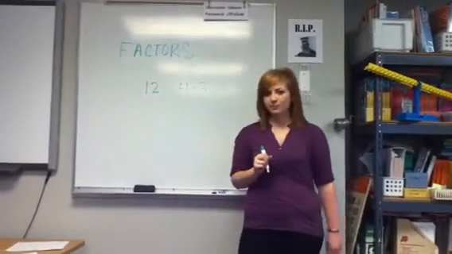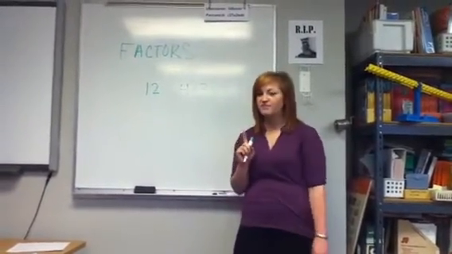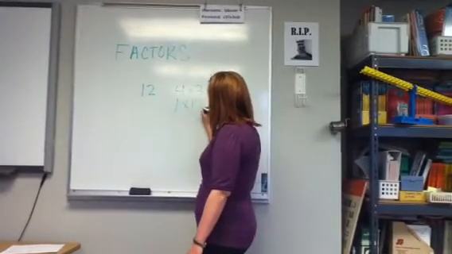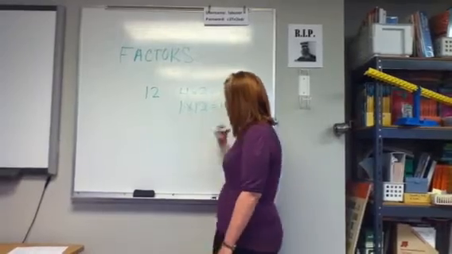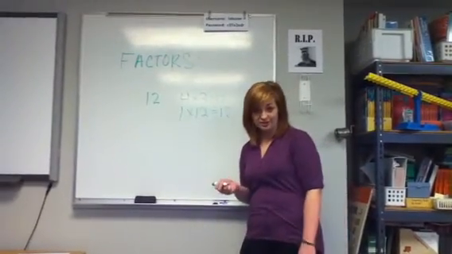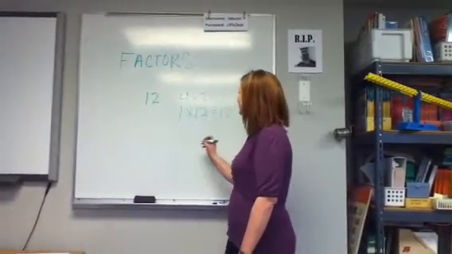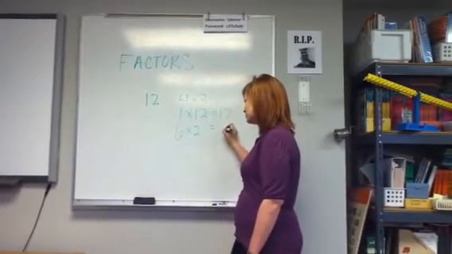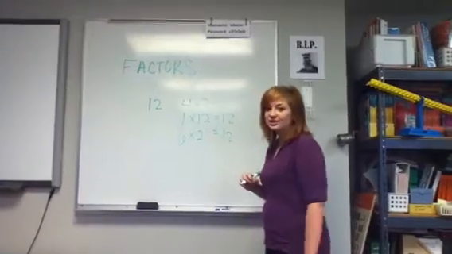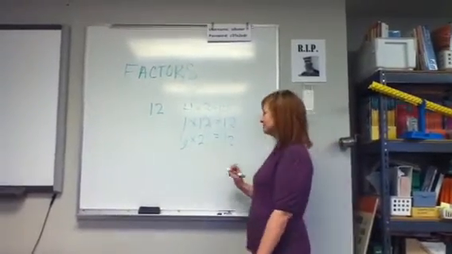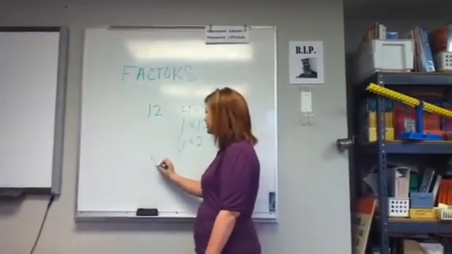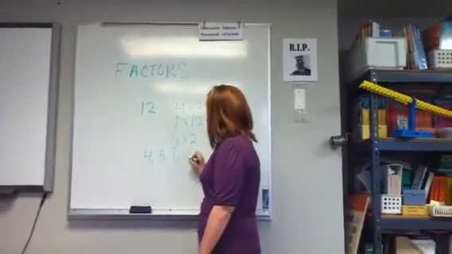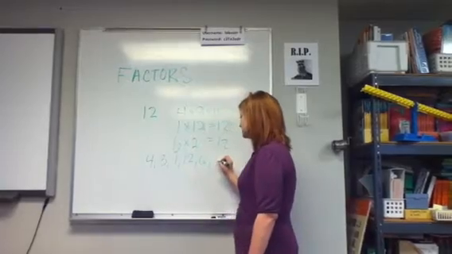What about another one? Remember, you can always start with 1. That's right, 1 times 12 equals 12. Are there any others? That's right, 6 times 2 also equals 12. So what are our factors? Class, say them out loud together. 4, 3, 1, 12, 6, and 2.